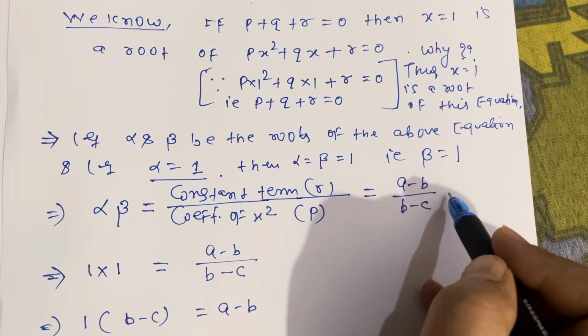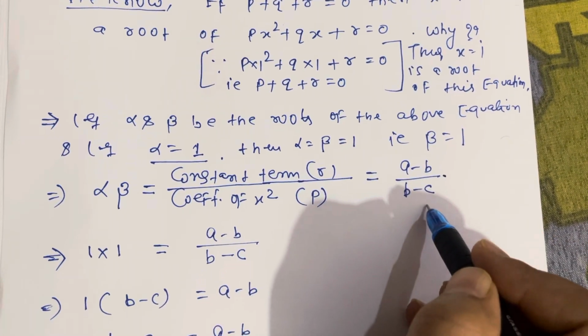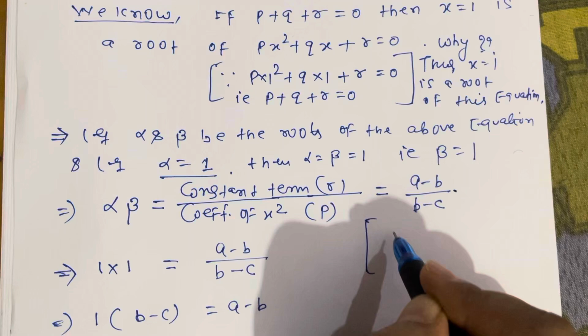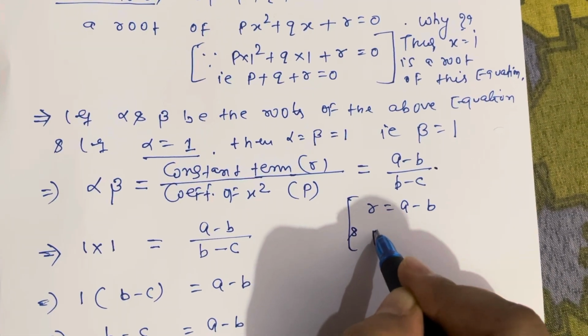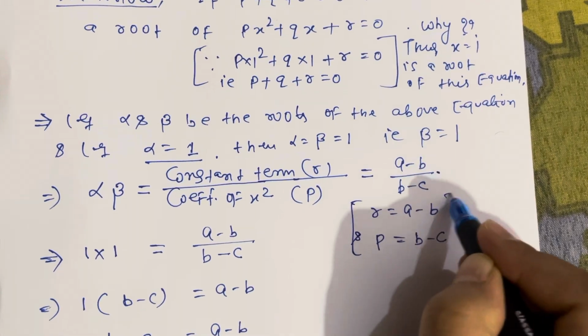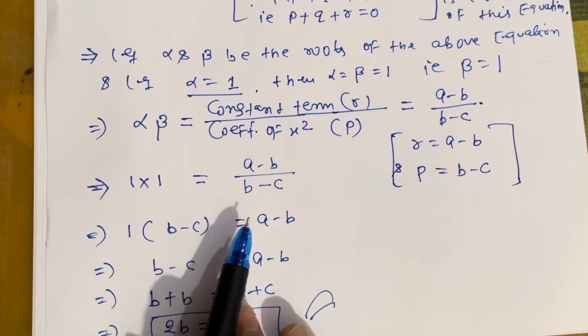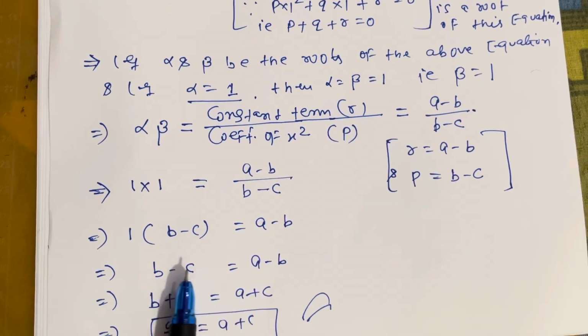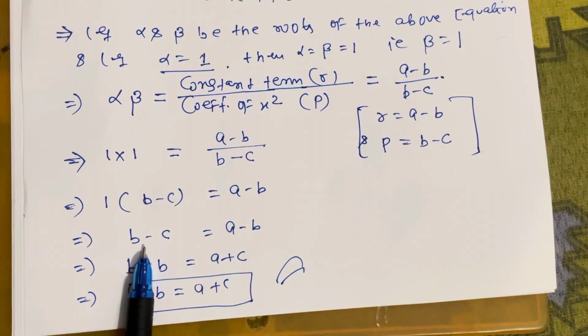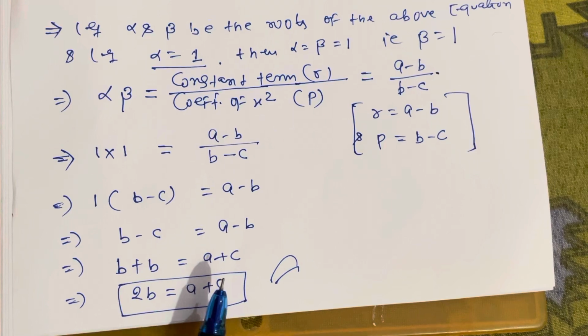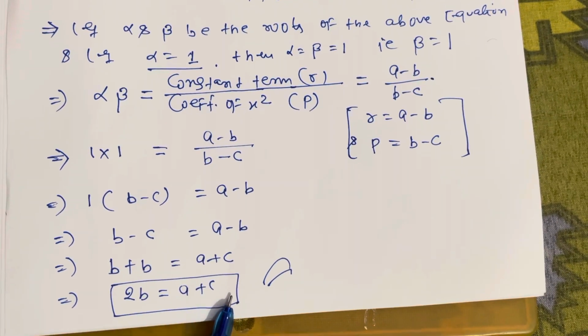So we can write a minus b by b minus c, because r is equal to a minus b and p is equal to b minus c. So 1 into 1 is equal to a minus b by b minus c. Cross multiplication: b minus c is equal to a minus b, b plus b is equal to a plus c, 2b is equal to a plus c.